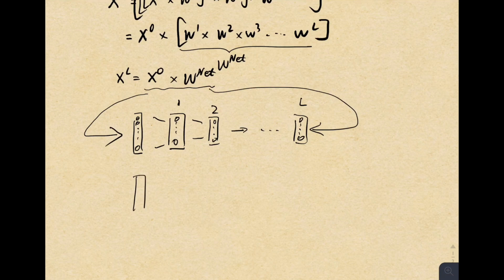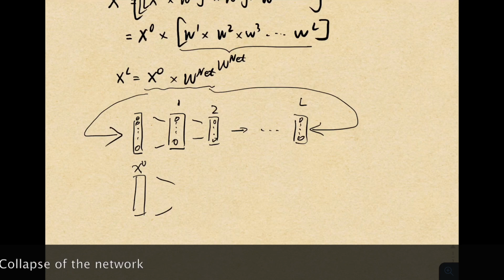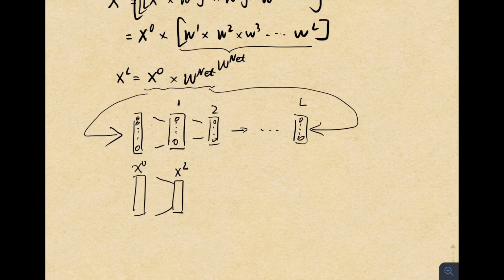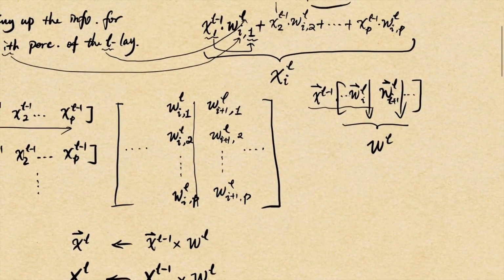Here is X0, and remember that one layer of computation can be represented by a matrix multiplication. Correspondingly, we can reverse this interpretation, and a matrix multiplication can be implemented by one layer of neurons. Now we directly derive XL. So the network collapsed. The key we are missing is here.